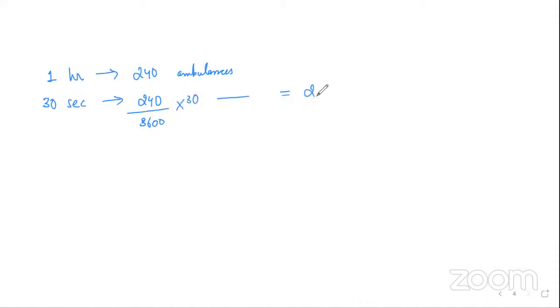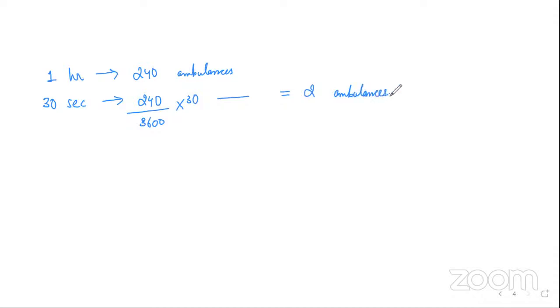So it was given that in a 1-hour time interval, you have 240 ambulances arriving at the hospital. So if you have to find for a 30-second time interval, the number of ambulances that will arrive is 240 upon 3600 into 30, and that is nothing but 2 ambulances.